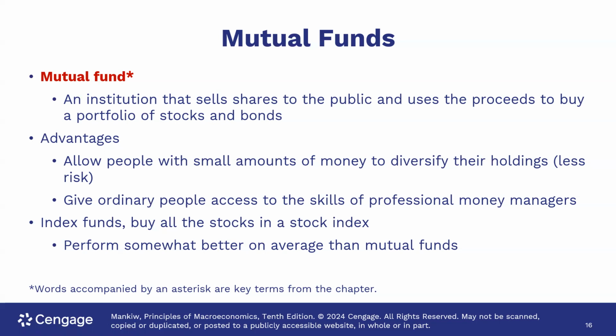It buys all the stocks in a stock index. It performs somewhat better on average than mutual funds. A mutual fund is managed by professional managers, but the index fund is minimally managed by people. So index means that it is indexed to a specific stock index.